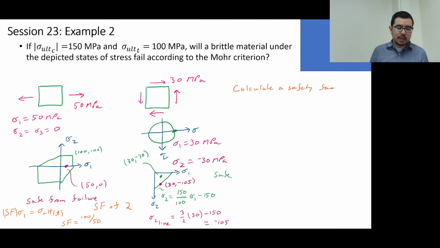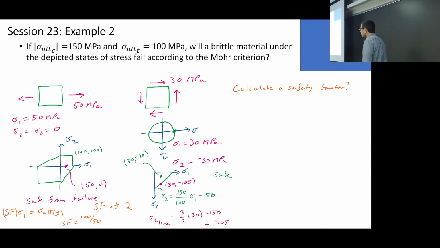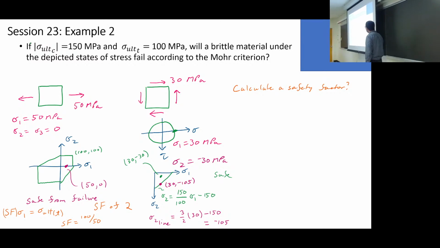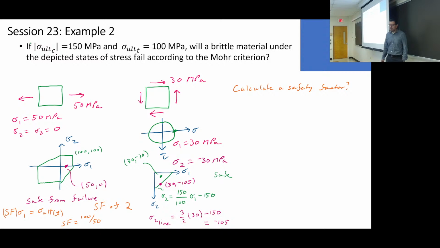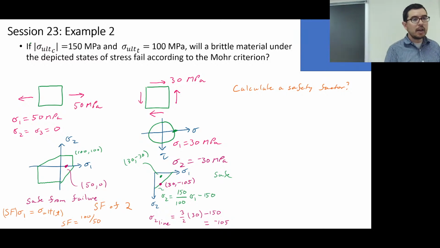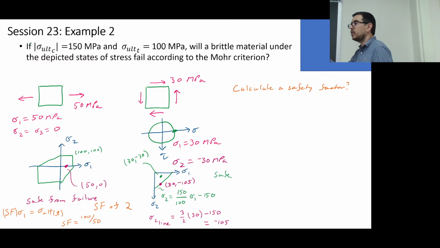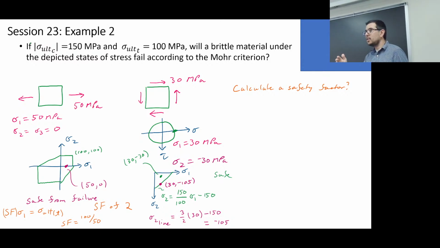Now, calculating a safety factor is not trivial here. Why is it not trivial? It's not trivial because now I have what you might consider to be an operating line of stress. Kira, you said a minute ago this is a situation where you have pure shear. So can I describe how the system behaves as a function of multiplying the pure shear stress?